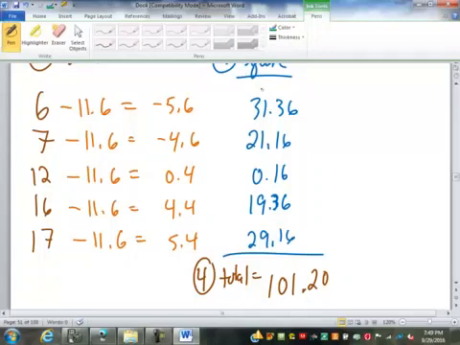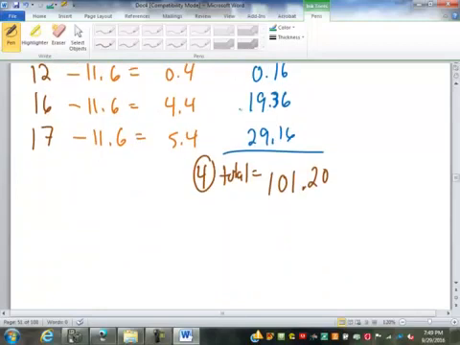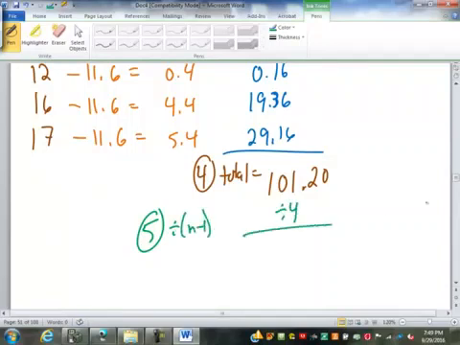Yes? Okay. Step 5. Divide by n minus 1, which means I'm going to divide by 4, right? Which is going to give us 25.3. I did that correctly. That is our variance.